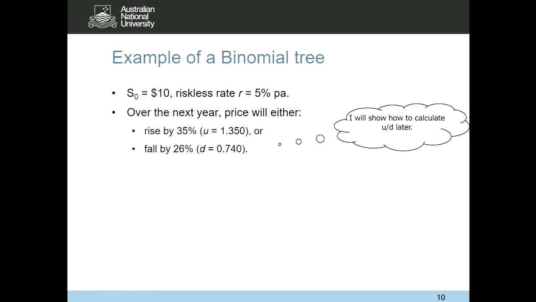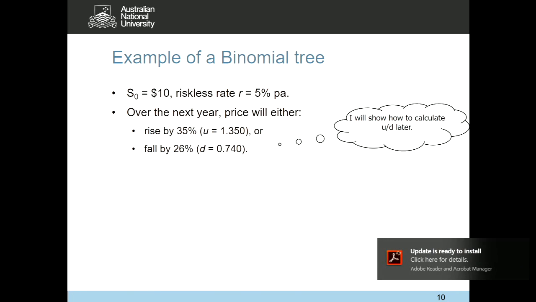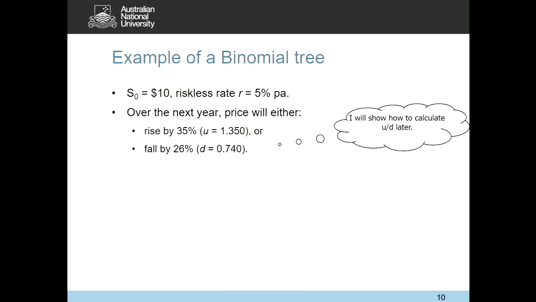Okay, so here I'm giving you one example. Imagine we have a stock. The stock price today is $10. And the risk-free rate is 5% over the next year. The time period I mentioned in the earlier slides, here I define one period as 1 year. In 1 year's time, the share price would either go up 35% or decline by 26%.